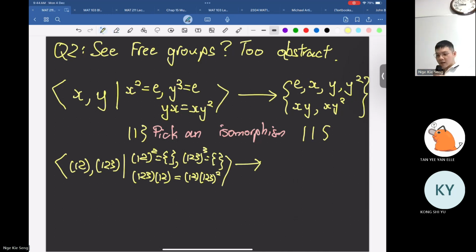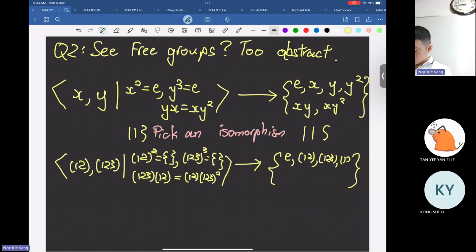Okay. And if I use these words, this corresponds to 6 elements here. What are the 6 elements? Identity, (1 2), (1 2 3), (1 2 3) squared, (1 2) times (1 2 3), (1 2) times (1 2 3) squared. But these 6 elements, how do we compose them?